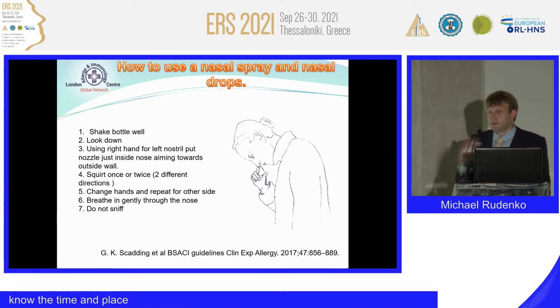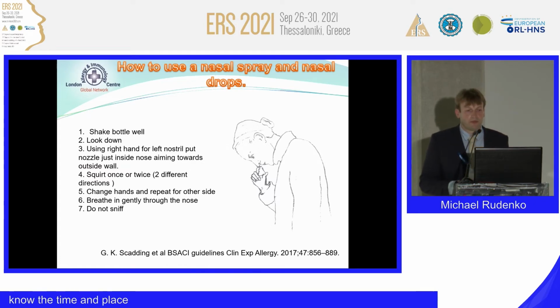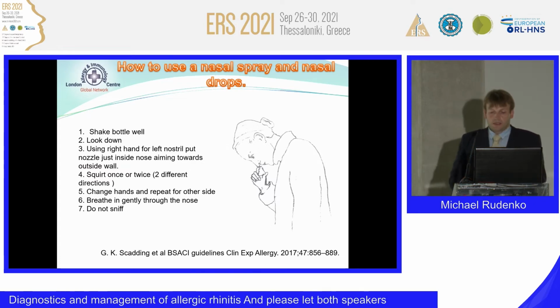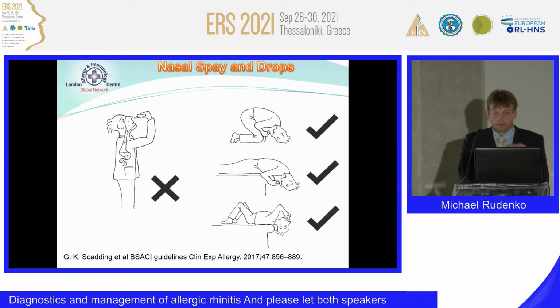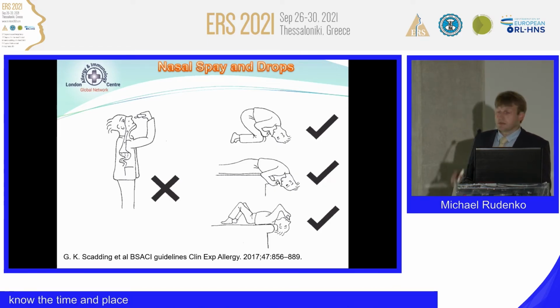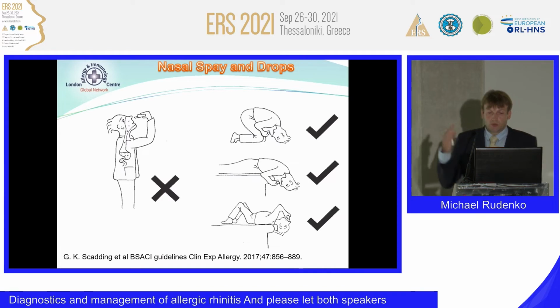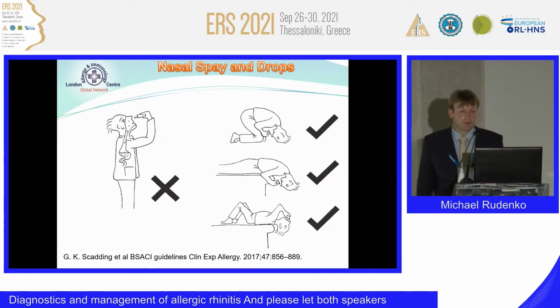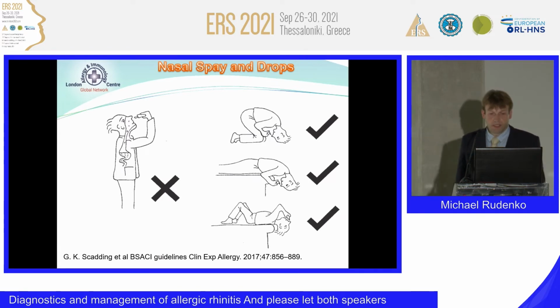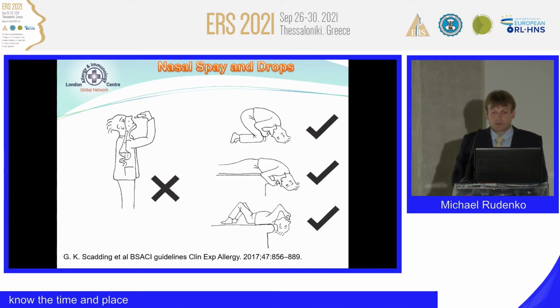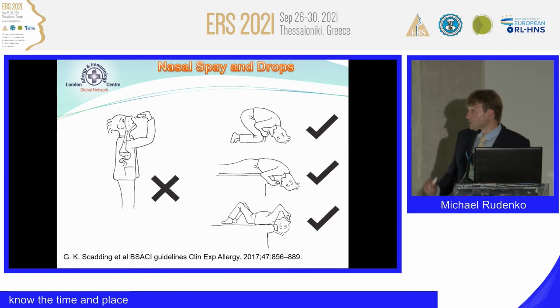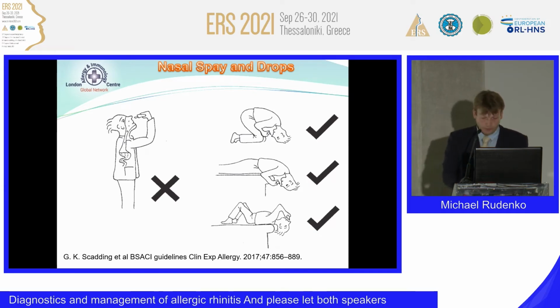So holding breath, doing sprays into both sides, and then there can be following maneuvers done. In the head down position, that will distribute this product into the right place. This is for using drops in the nose.